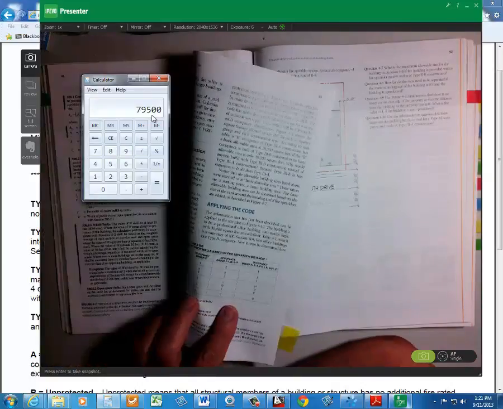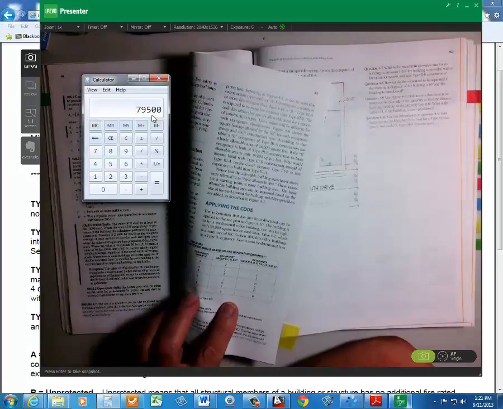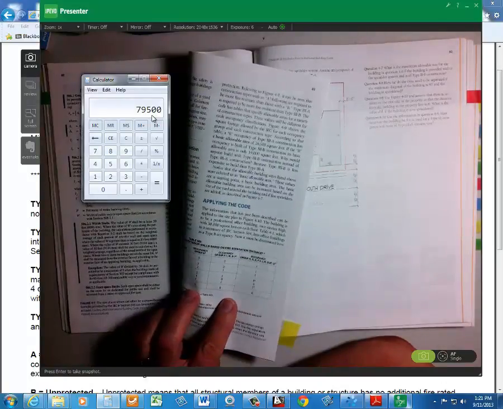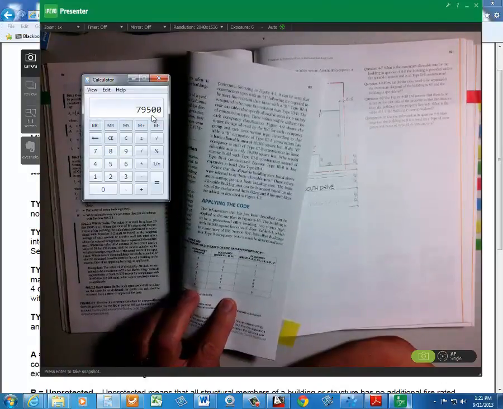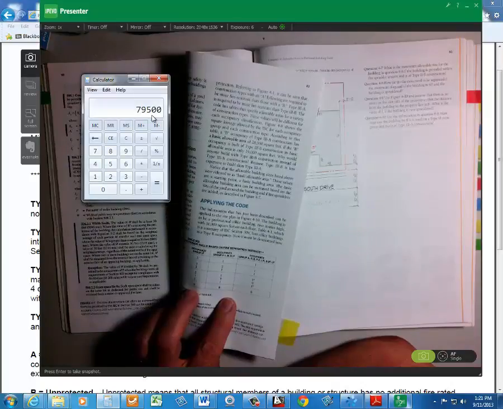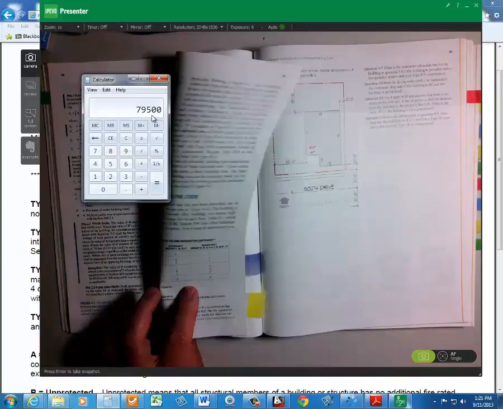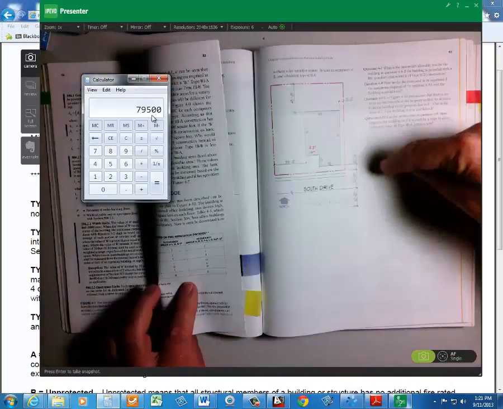Where a building has more than 25% of its perimeter on a public way or open space having a minimum width of 20 feet. So it would be open space of 20 feet, definitely.